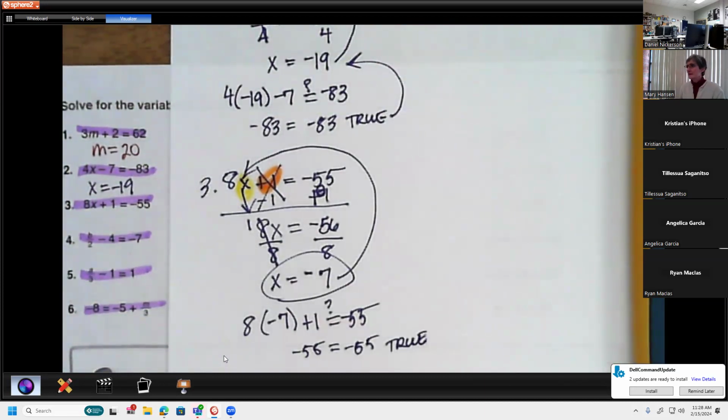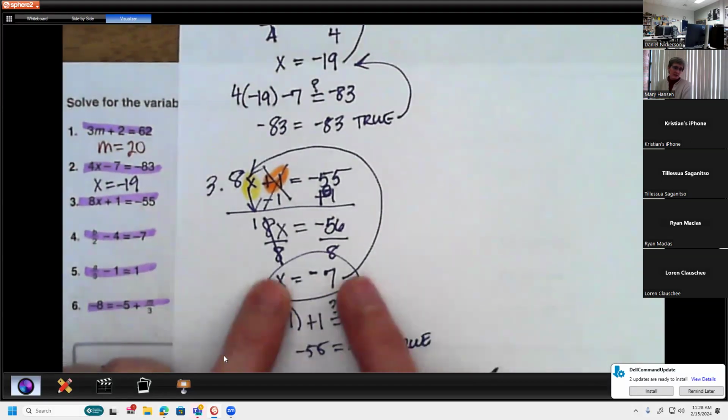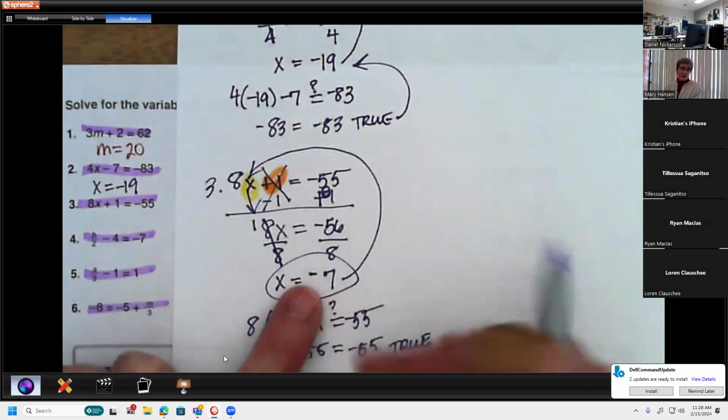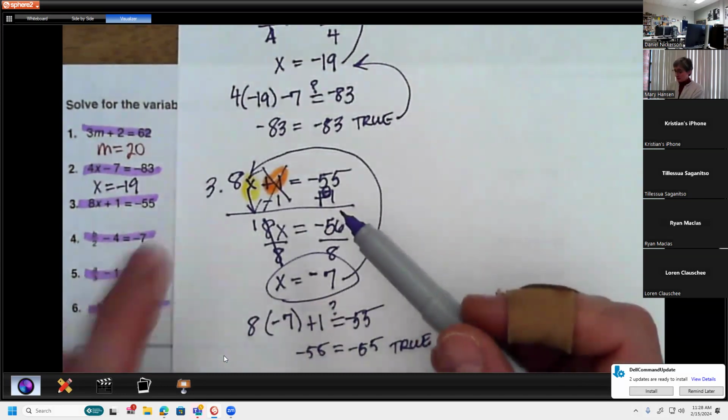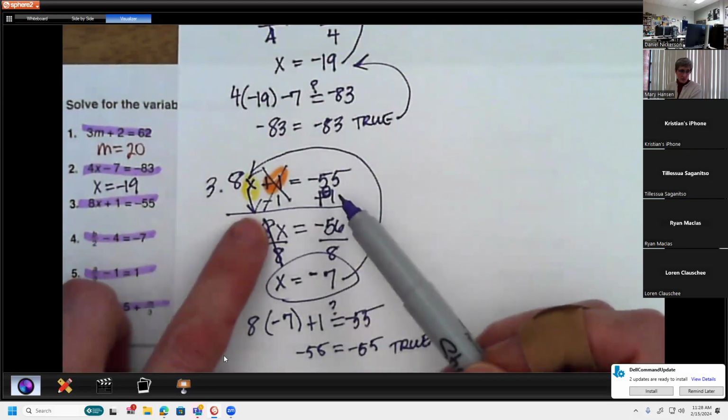Questions? Yeah, I did everything right except the negative and positives. Okay. That's where you can use your calculator until you get used to the rules. The important thing is, even if you didn't get the answer -7, let's say you divided wrong or you did the wrong sign, right now I'm probably more interested in, are you getting the right procedure? Are you knowing to subtract 1?